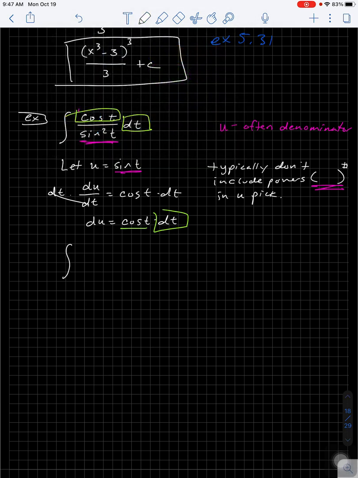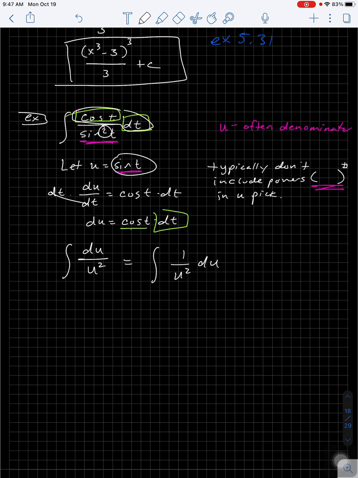I've got the integral of, downstairs I've got a u, but it's squared because this squared is going to be a squared on your u. And then all of this upstairs green gets taken care of with du. So you can write it that way, or you can write it this way if you like this better. They're both the same.